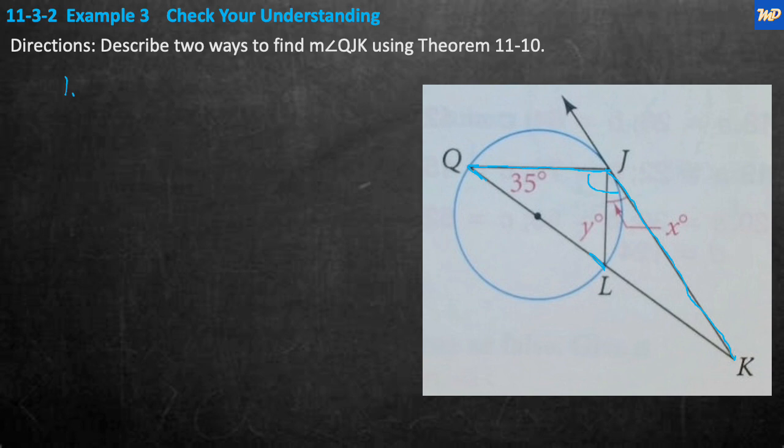And we also know that this angle inscribed inside this upper semicircle is 90 degrees, because an angle inscribed inside of a semicircle is 90 degrees. So there's 90 degrees, and we've got a part of this larger angle QJK.